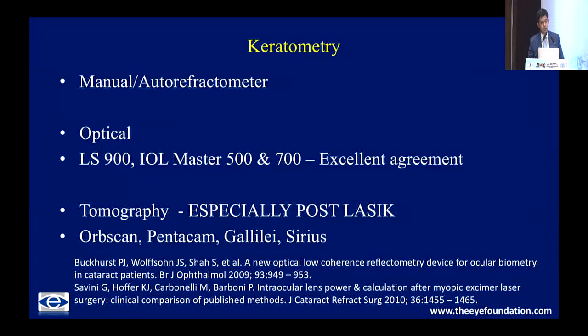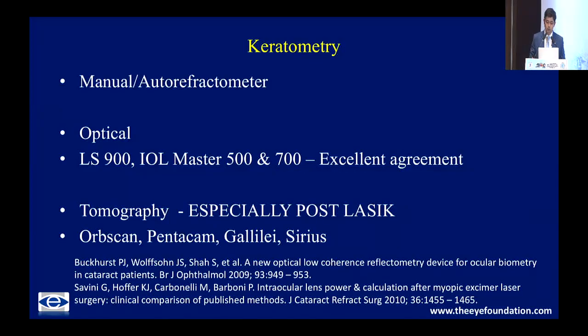A manual or auto ref can give a fair initial idea before you start with anything, before you even look at the cataract, to actually have this data, because ideally this should be done as the first test before anything else has been, even a dilating drop has been put in the eye, because only if you get an accurate measurement, repeatable measurement with this, will you be able to go forward with accurate calculations. There is excellent agreement between all the devices, any type of optical biometer that you may consider, whatever has been published in literature.